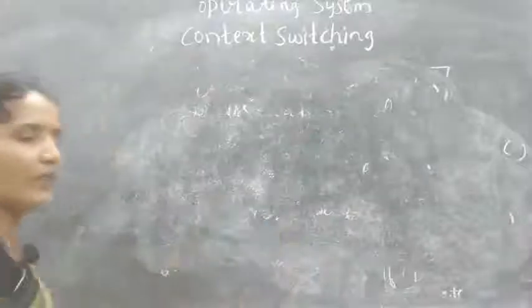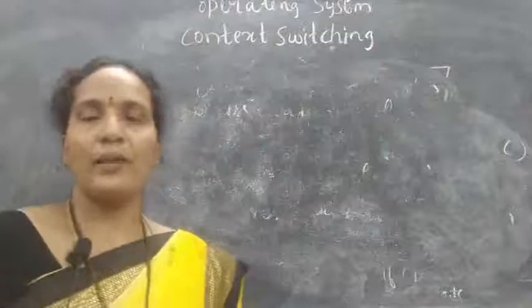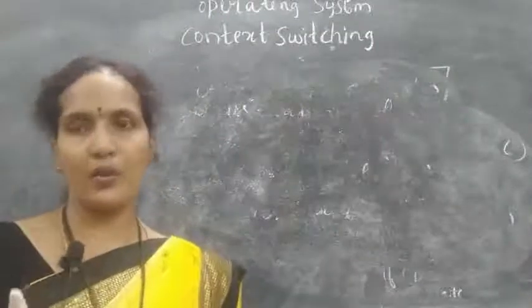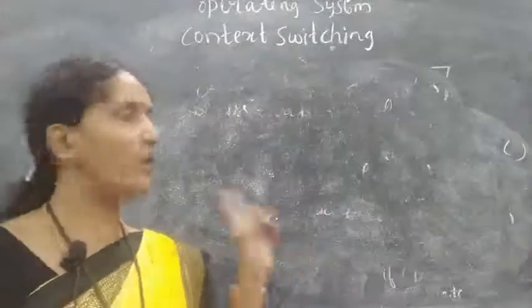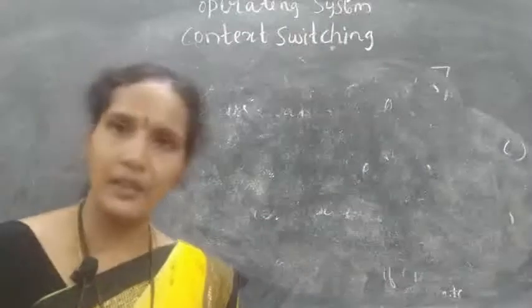Now, today what we learned: operations on a process. When a process enters into a system, the operating system will perform two operations. One is the process creation and the second one is the process termination. Today we completed the process creation.